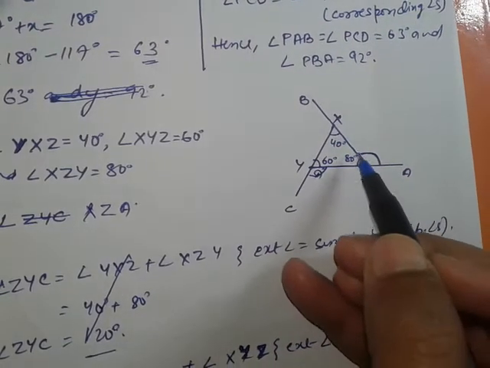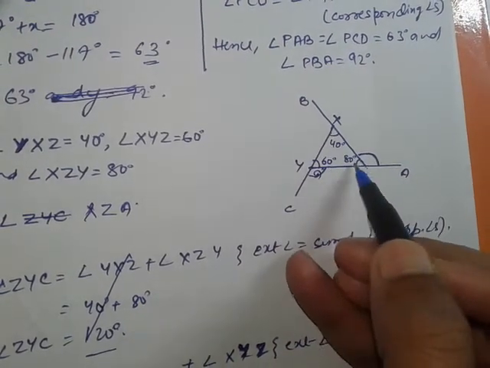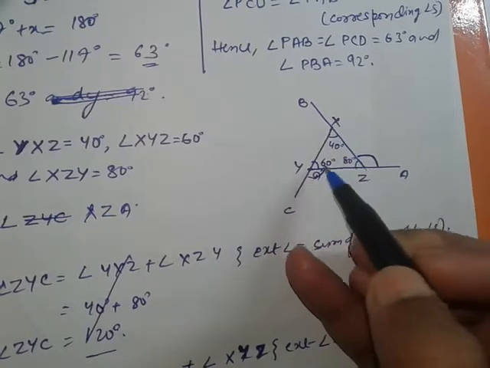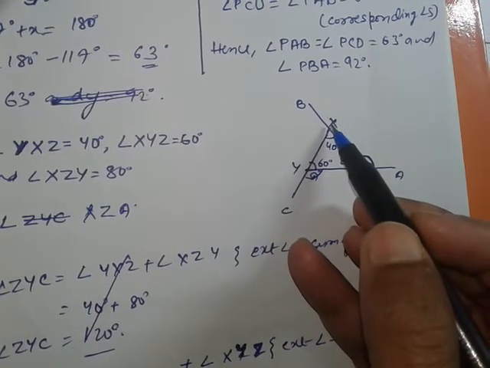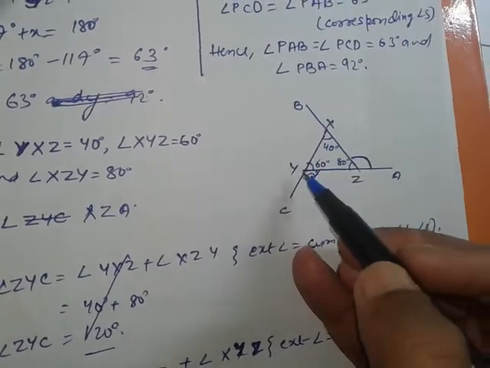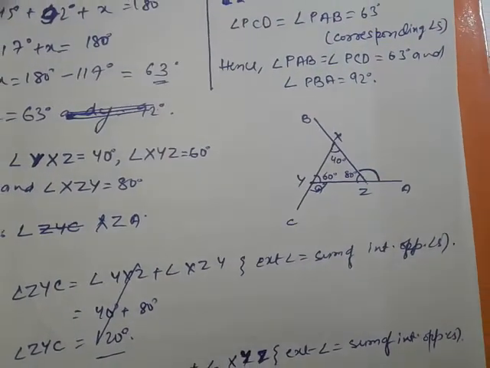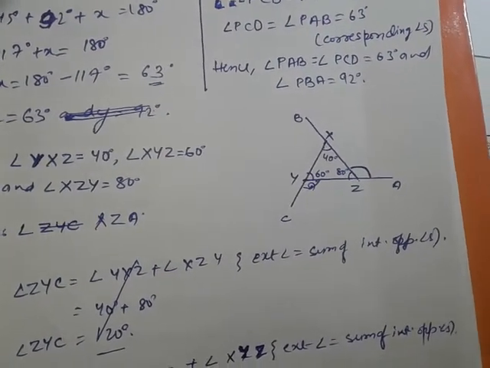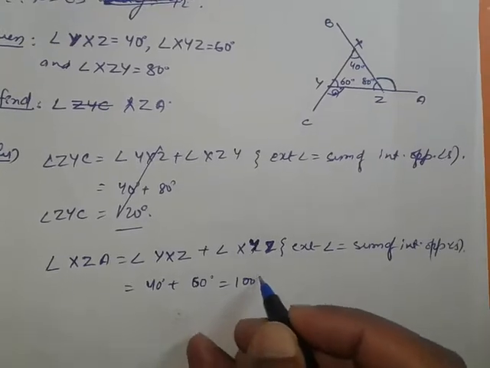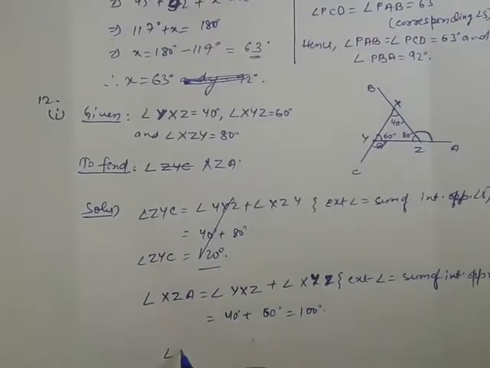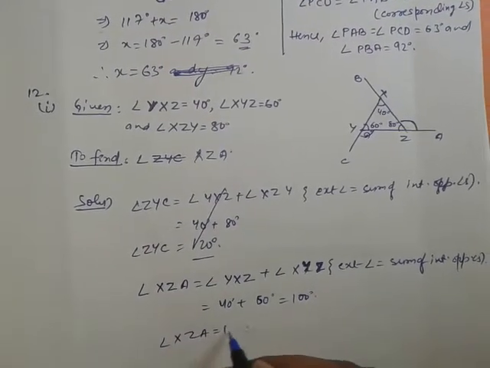You look at what the angle opposite is. So what I have written: YXZ and XYZ. So it is 60. Now add these two, it's 100. So the angle XZA is equal to 100.